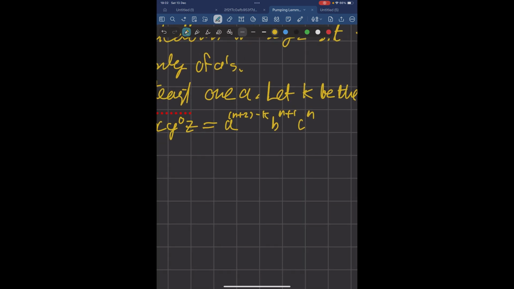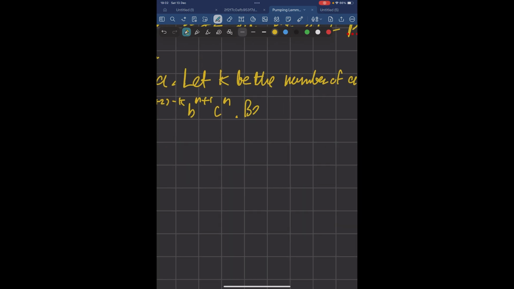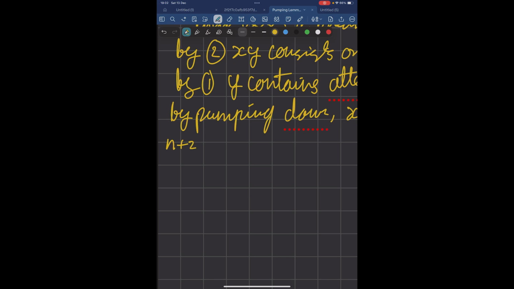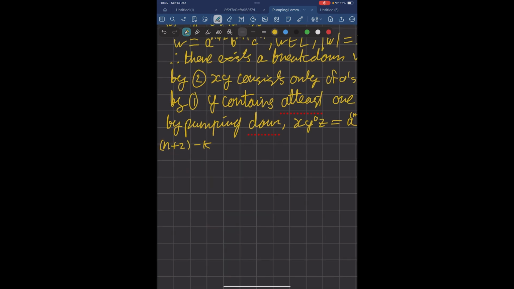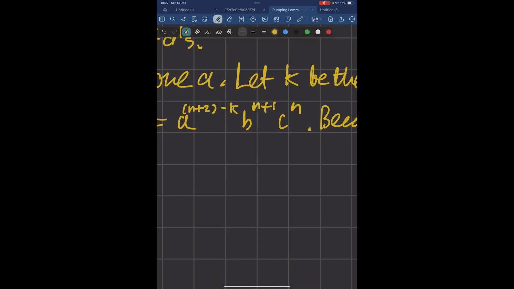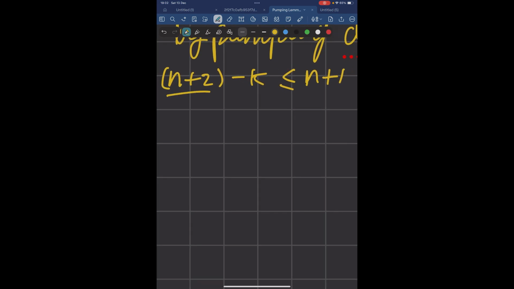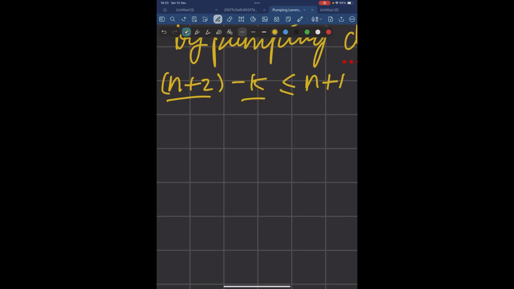Okay, and now because k is at least 1, we know that n plus 2 minus k is going to be less than or equal to n plus 1. So we had n plus 2, and we removed k, and k is at least 1. And so we know that this entire thing is definitely at most n plus 1.